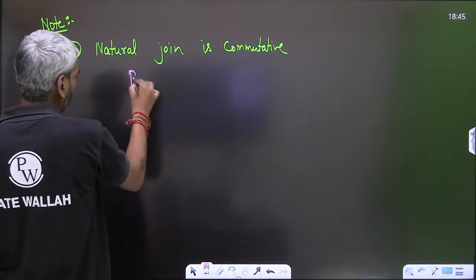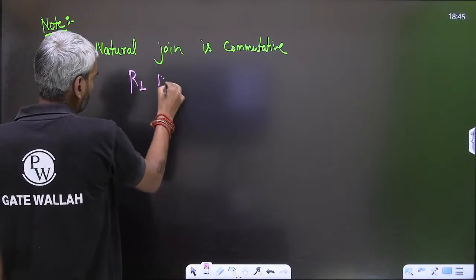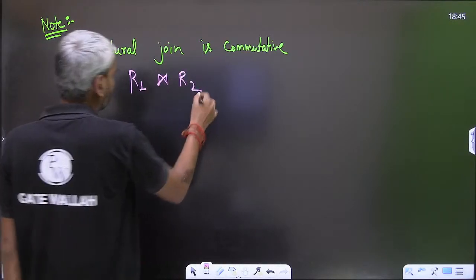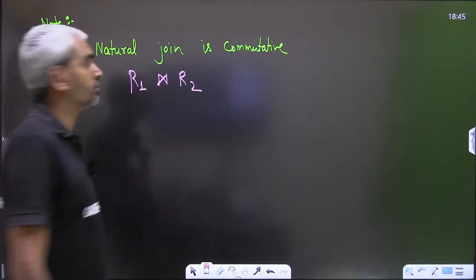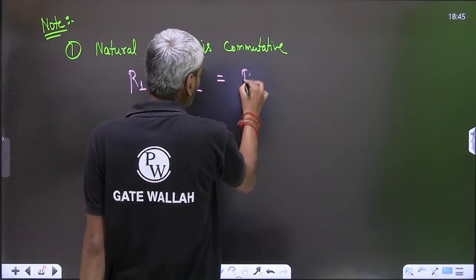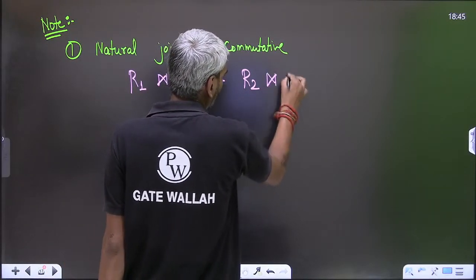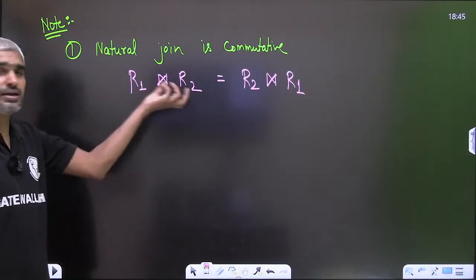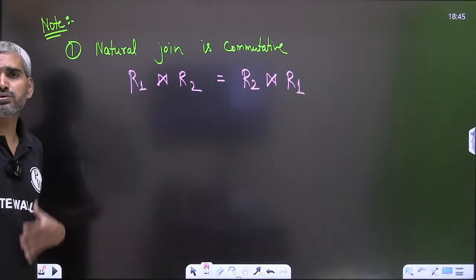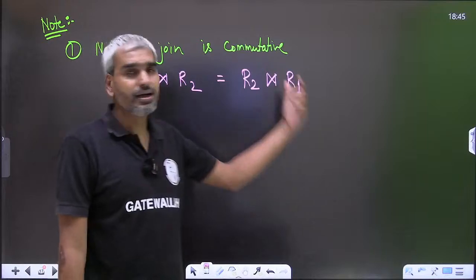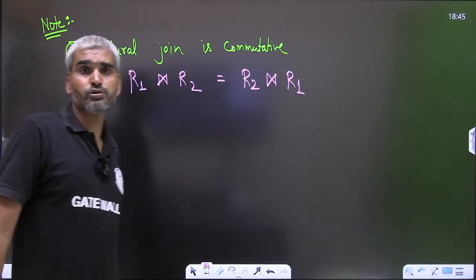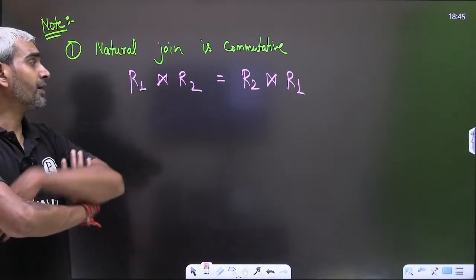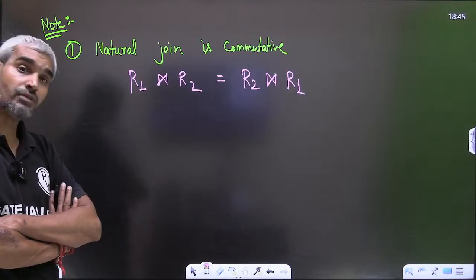If I perform R1 natural join R2, then this will be the same as the natural join of R2 and R1. The only difference is the order in which the attributes will appear may be different, but the result will be exactly the same.